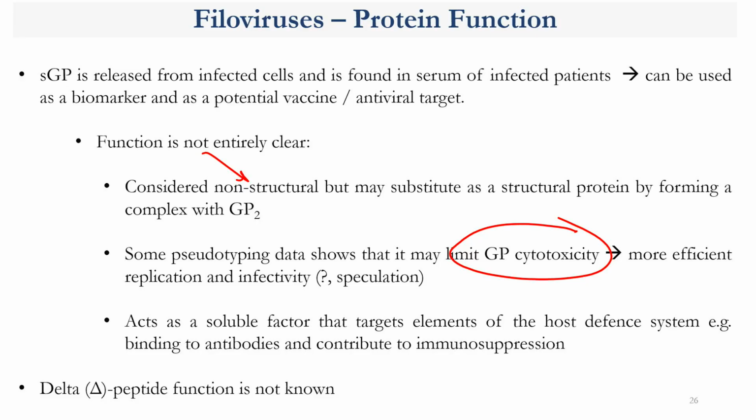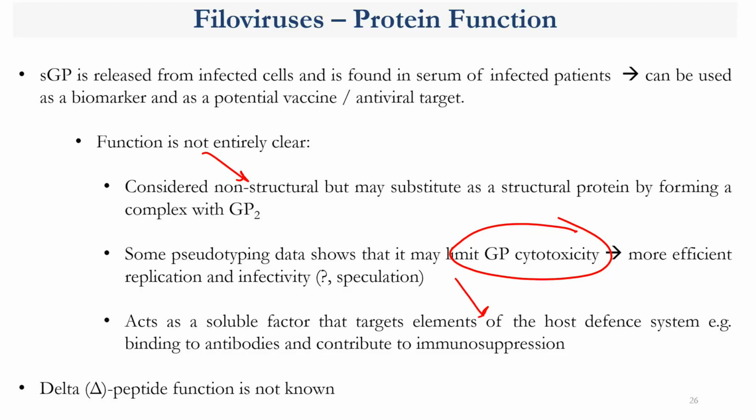It acts as a soluble factor as well, which targets the elements of the host defense system, okay? So let's say you have an antibody that recognizes this SGP. What's going to end up happening is you have your SGP that's secreted outside the cell. It's a soluble factor, so it can move around.